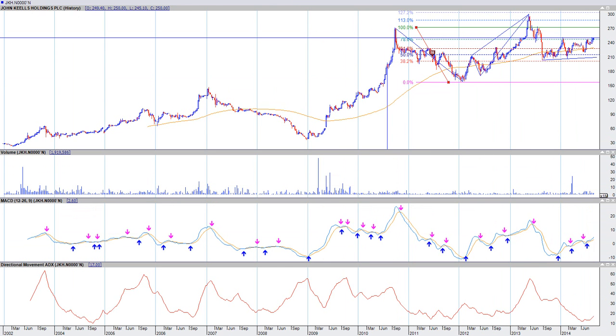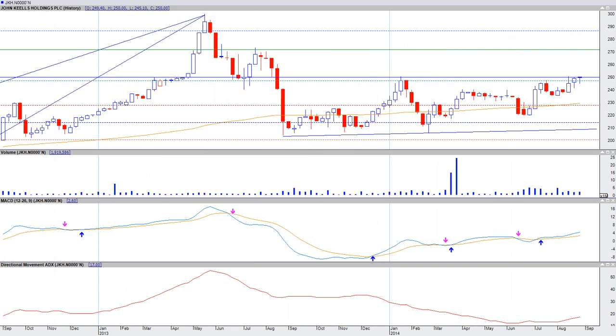Now let us go to one of the recent, let's say, few. Okay, this is the 2-year history on a weekly basis. Okay, what we are seeing here is, there was a consolidation taking place between 205 to 250.